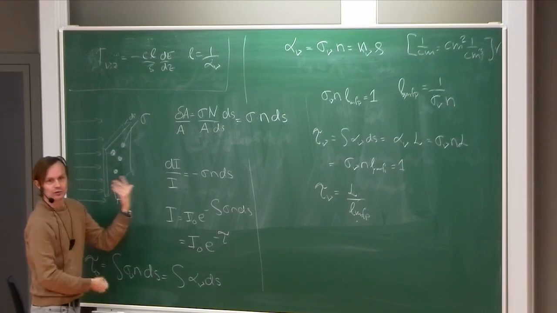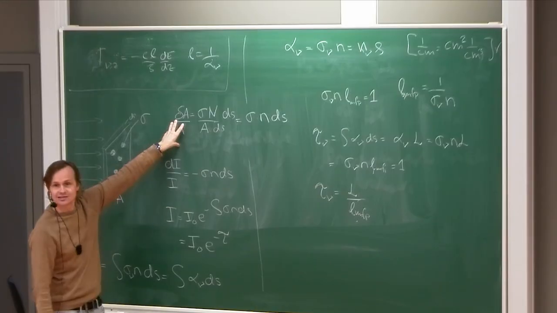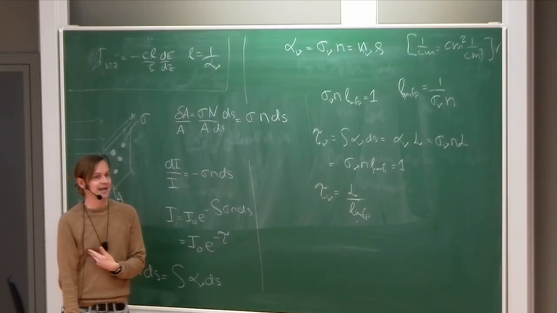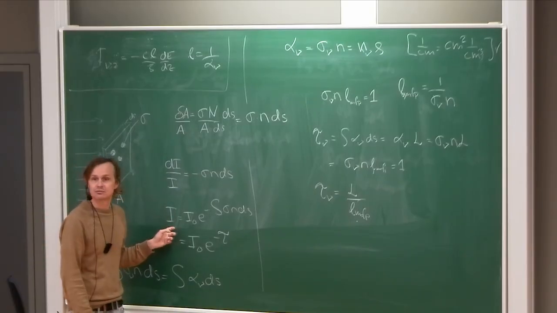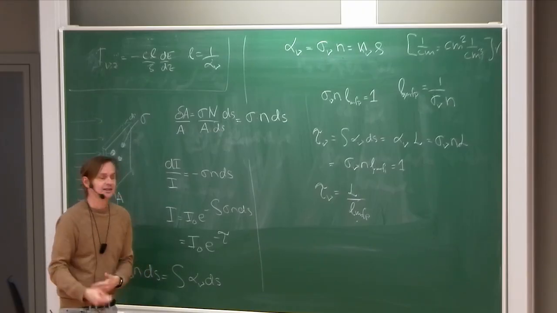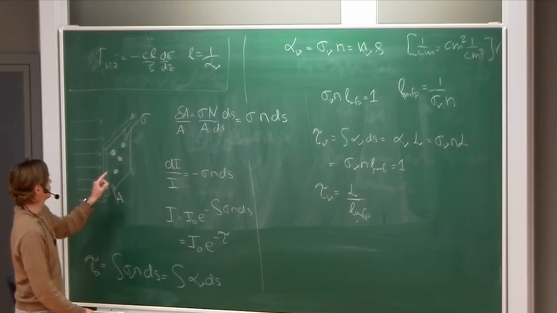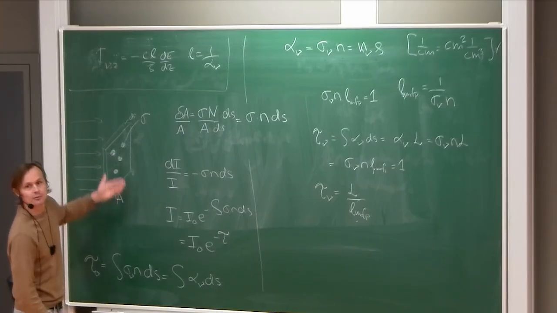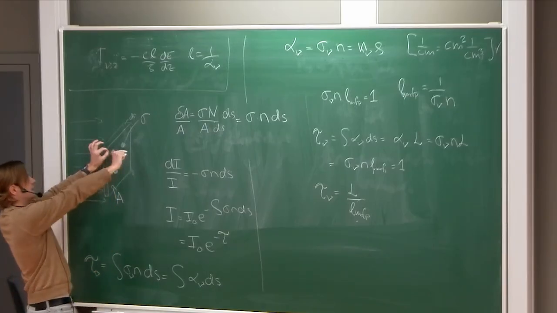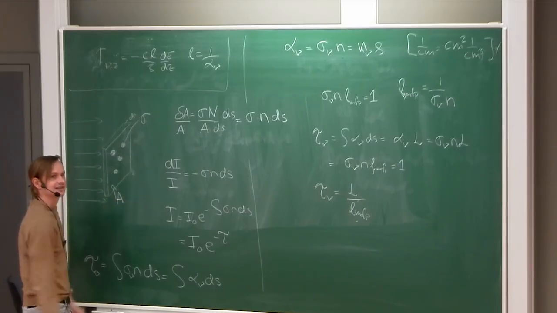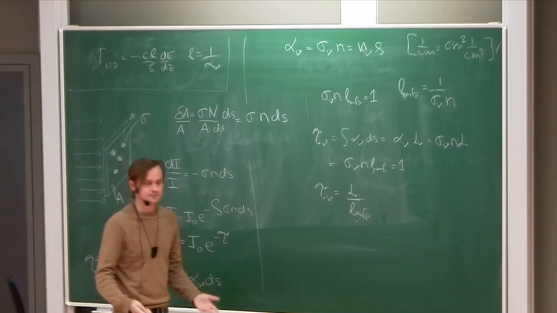And that's the whole reason why we get this transparency effect, that once we have reached one mean free path, we're still not at an intensity of 0. We have only decreased by a factor of e.